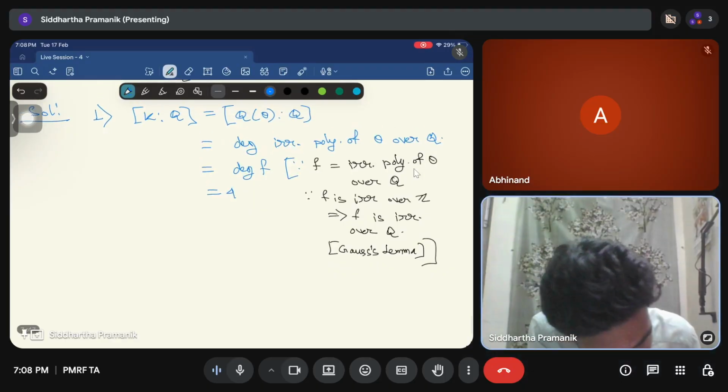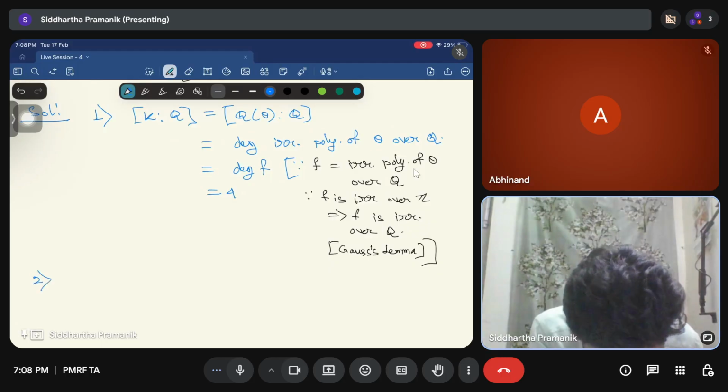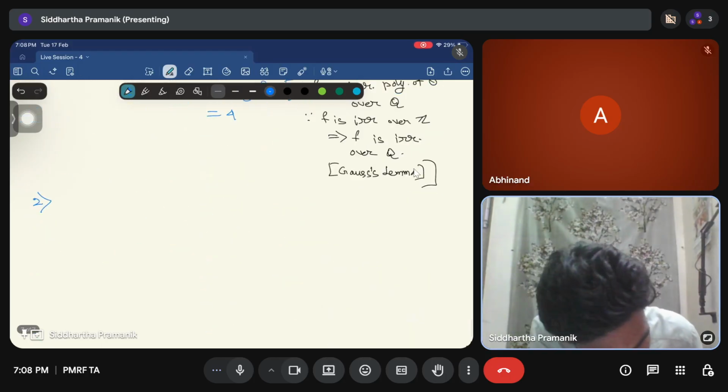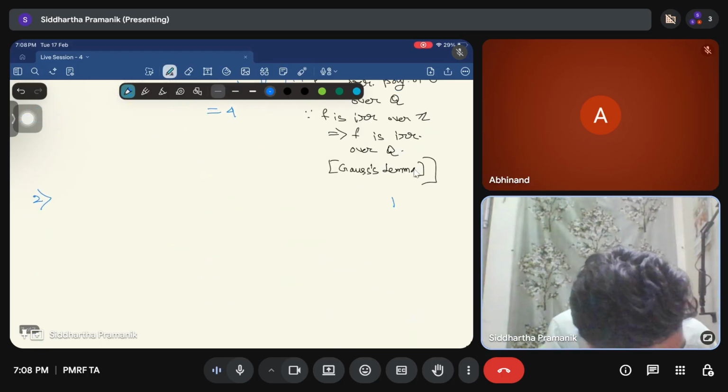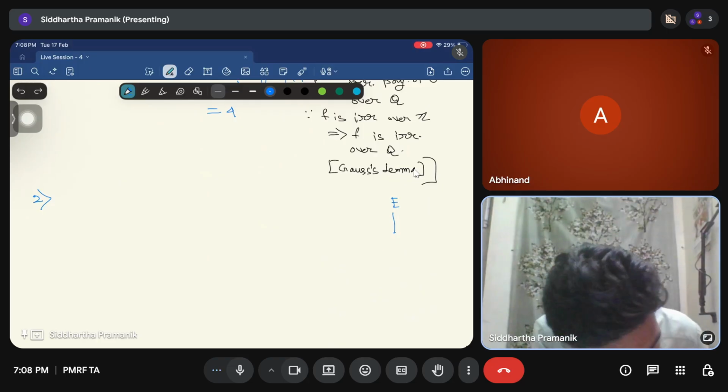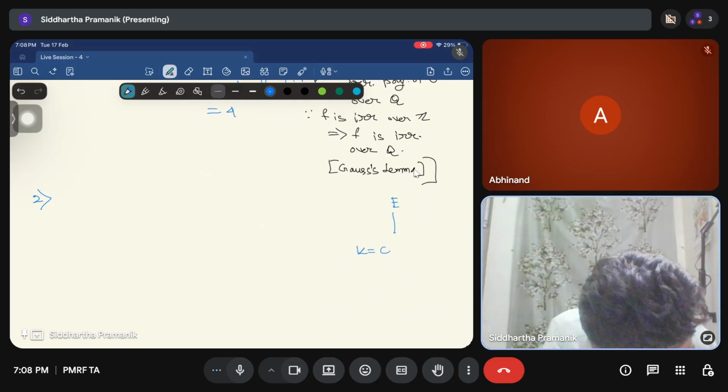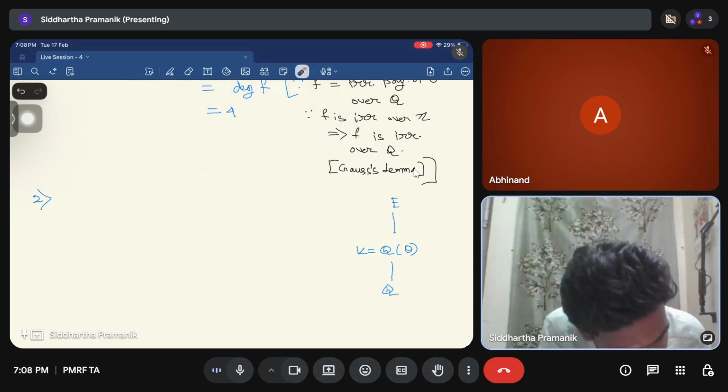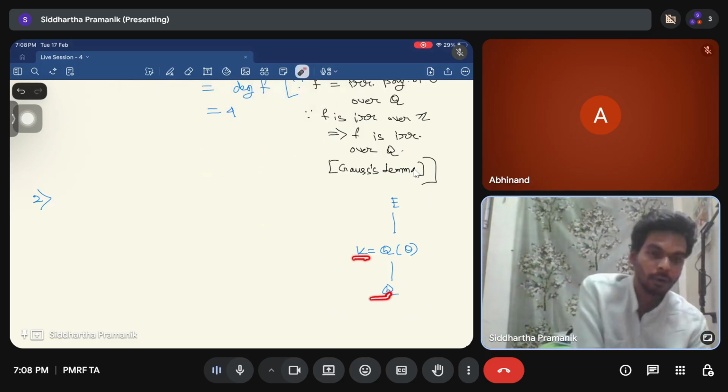So let's do the second part. Again, let me draw the picture. Here we have K, Q(theta), and here we have Q. We need to prove that in between K and Q, there cannot be any other field.